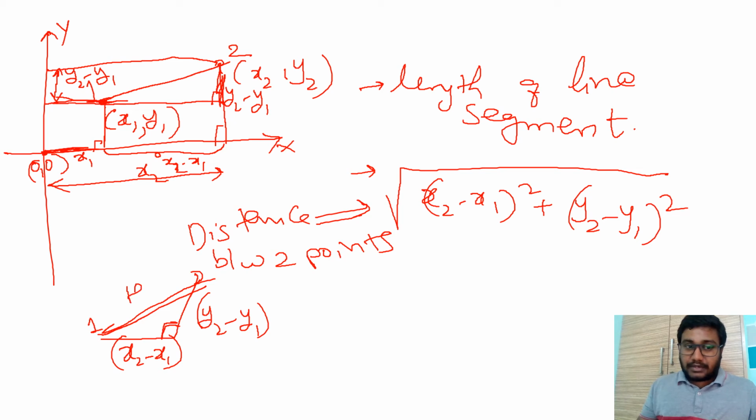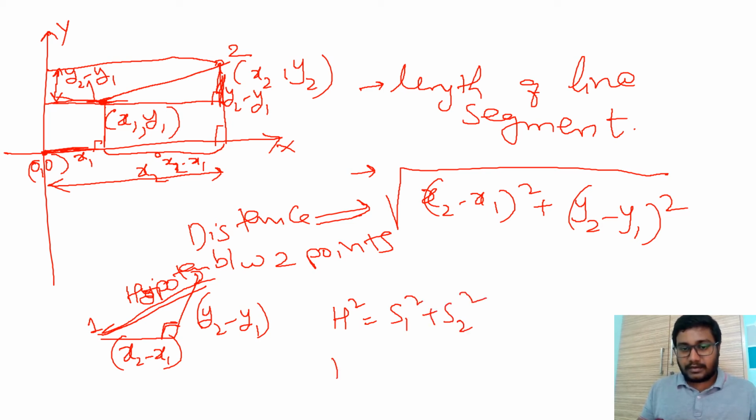This is also known as the hypotenuse, right? Since we already know the Pythagoras theorem, hypotenuse square is equal to side 1 square plus side 2 square. So hypotenuse square is equal to x2 minus x1 whole square plus y2 minus y1 whole square.